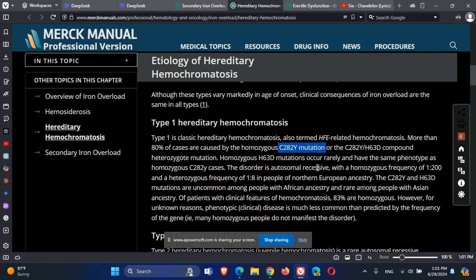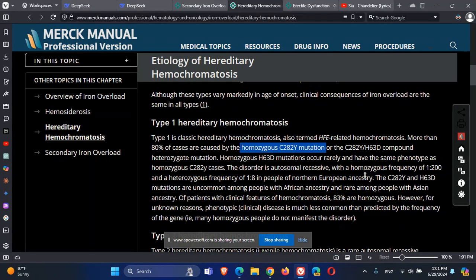One very interesting thing is that it should usually be homozygous to be present, but even patients who are homozygous for this mutation, many of them don't develop a disease.